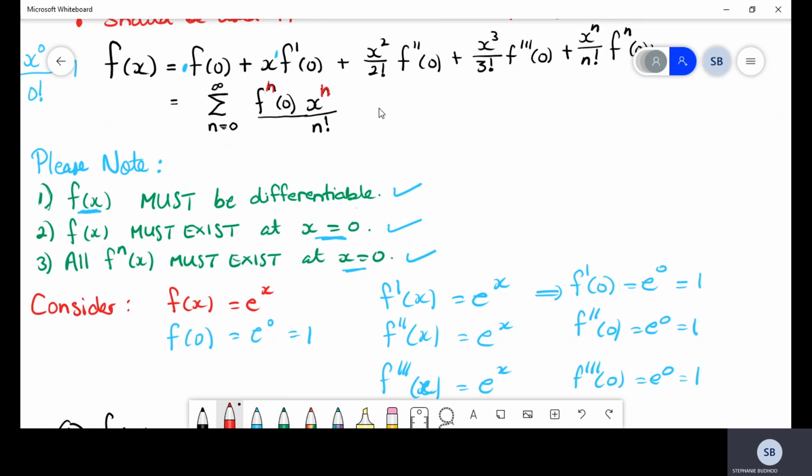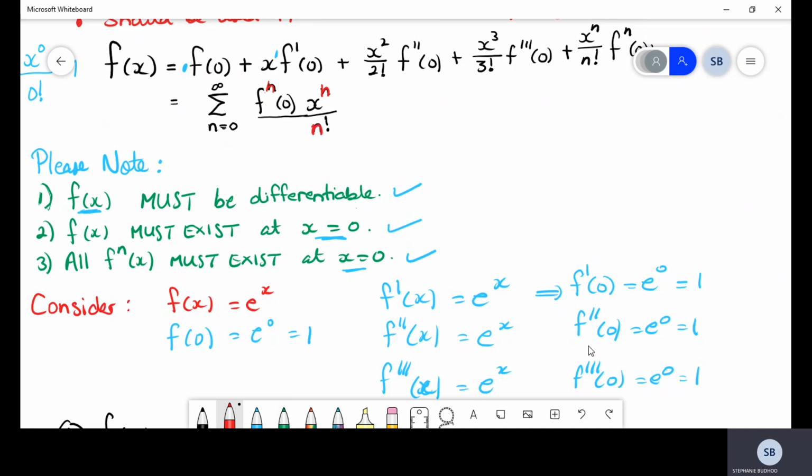So if they're asking you to find the coefficient or step up to the x to the 5th term, then that would mean that you also need to find the 5th derivative. That's how you would be able to recognize how many differentials you need to go up to. That's a good point to note.